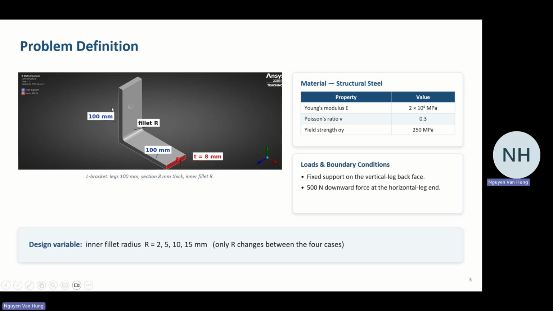The back face of the vertical leg is fully fixed and a 500 Newton downward force is applied at the end of the horizontal leg. The only thing I changed between cases is the inner fillet: 2, 5, 10, 15 millimeters.